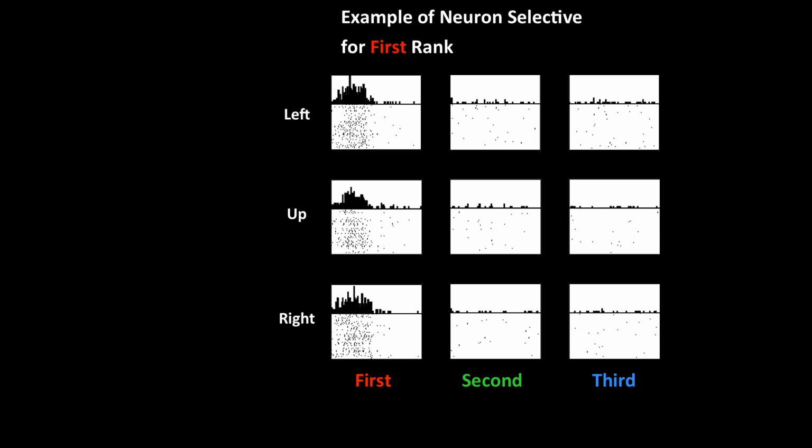So the presence of such neurons is well justified from the computational perspective, from the point of view of representation of the rank. The interesting point is that, strictly speaking, this kind of sharp neuronal selectivity is not necessary.